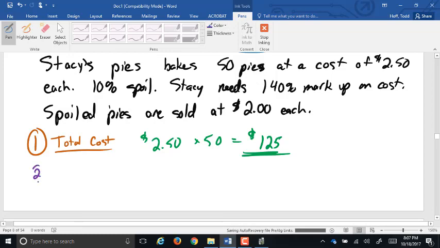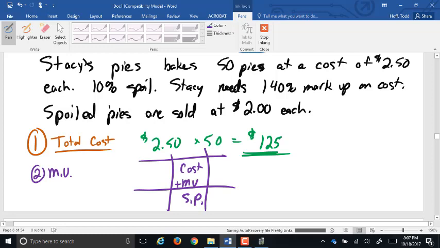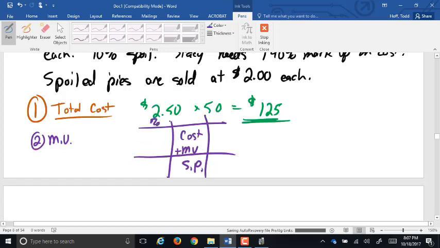Okay. Next, we need to mark up. Cost plus markup equals selling price. We've got this there.